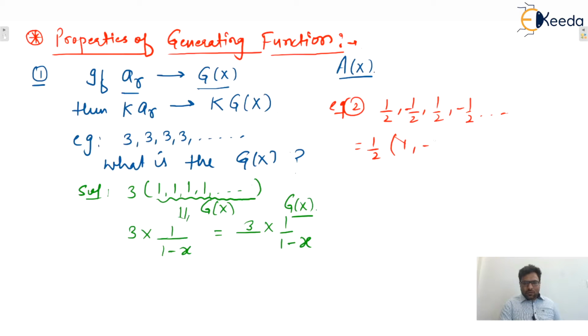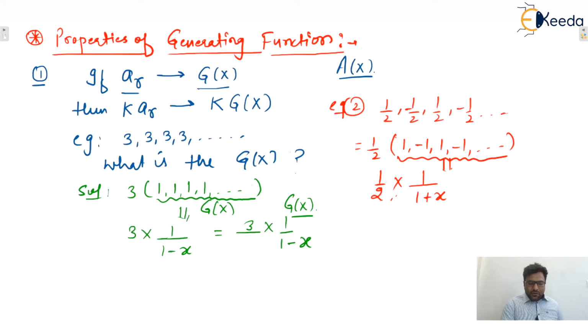Inside it becomes 1, minus 1, 1, minus 1 and so on. This is the standard sequence we already did in the table. So what was the generating function for that one? 1 upon 1 plus x, that will be multiplied with 1 by 2. I hope this one is clear to everyone.